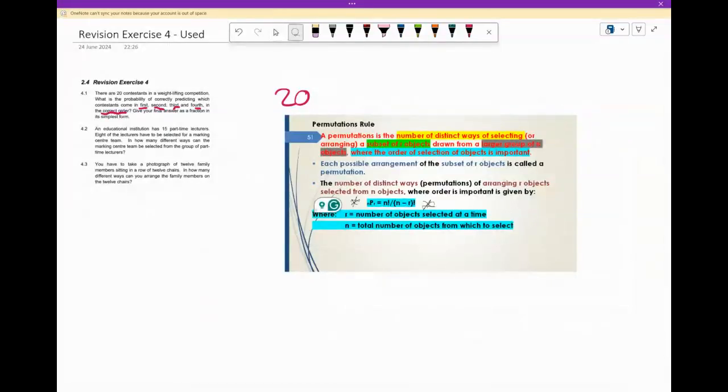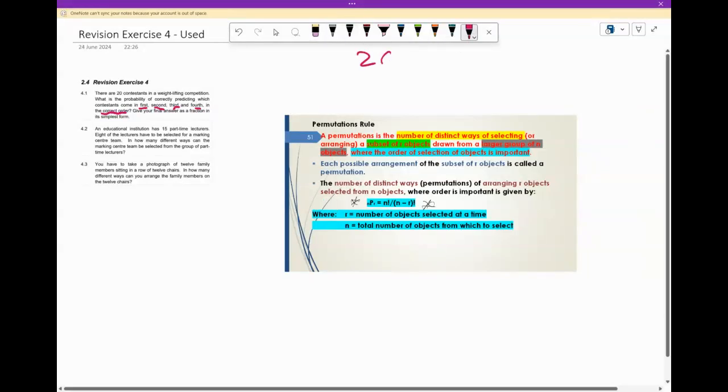So the whole point is that n is the total number of objects from which to select. We know that any one of these 20 weightlifting contestants could be selected. So obviously, it's going to be 20 as your numerator, with the factorial sign, which you'll see on your calculators. Then the formula says we then say 20 minus r.